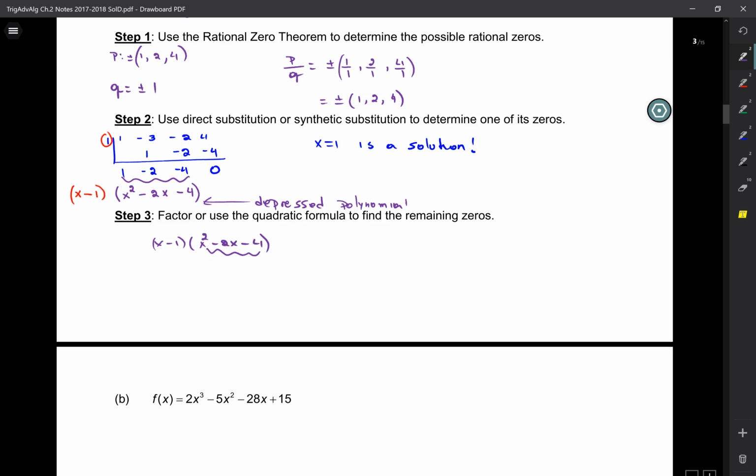You could either factor it, or if you can't factor it, and in this case it's not possible to factor that one, you have to use the quadratic formula, right? So let's use the quadratic formula. x equals negative b plus or minus the square root of b squared minus 4ac, all over 2a.